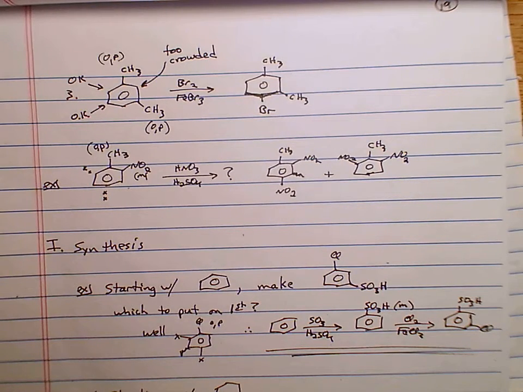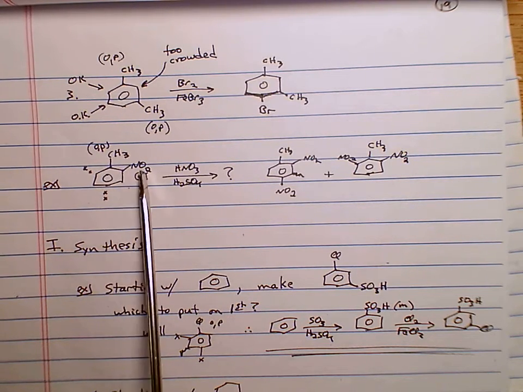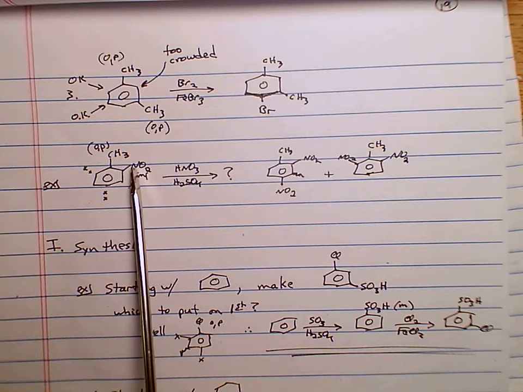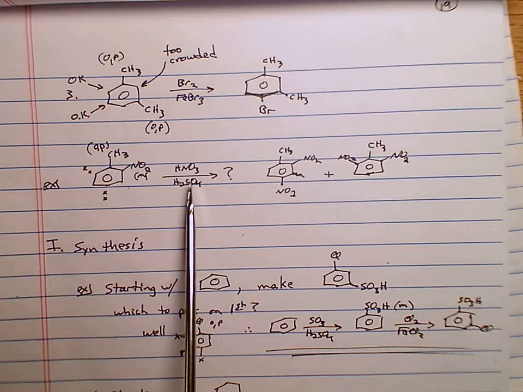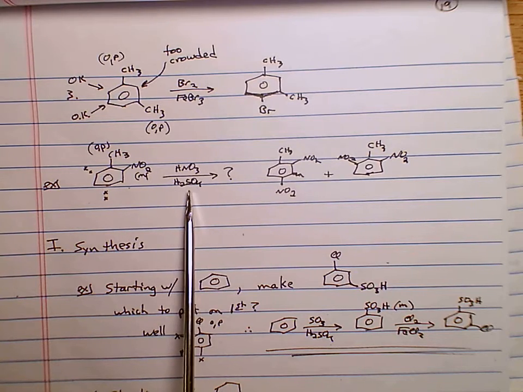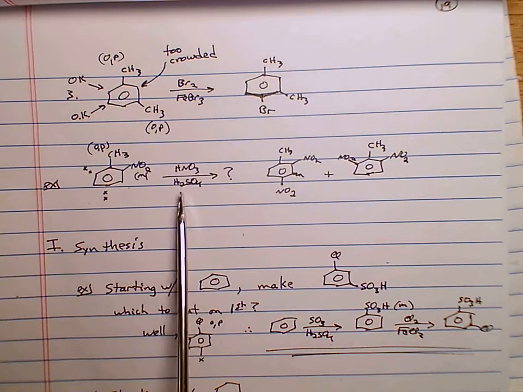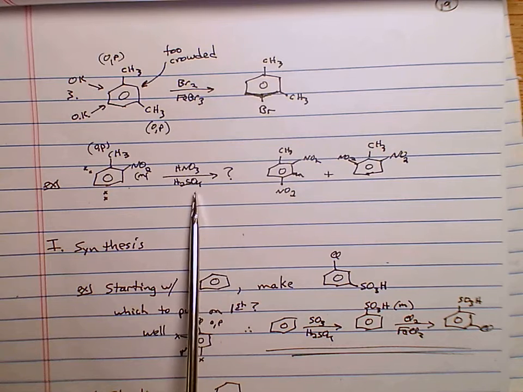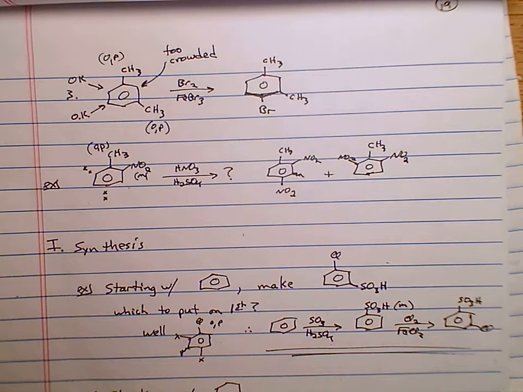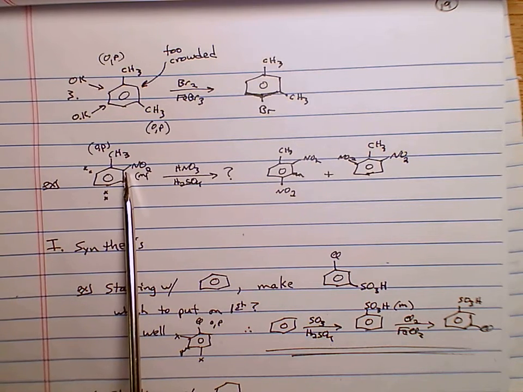All right. And here's another situation. For example, we have a methyl with a nitro ortho to that methyl group. And what if we put HNO3, H2SO4? First question, what does HNO3 and H2SO4 put on a benzene ring? It puts a nitro group on the benzene ring. Note, nitro is a very strong deactivator, but it's also a meta director.